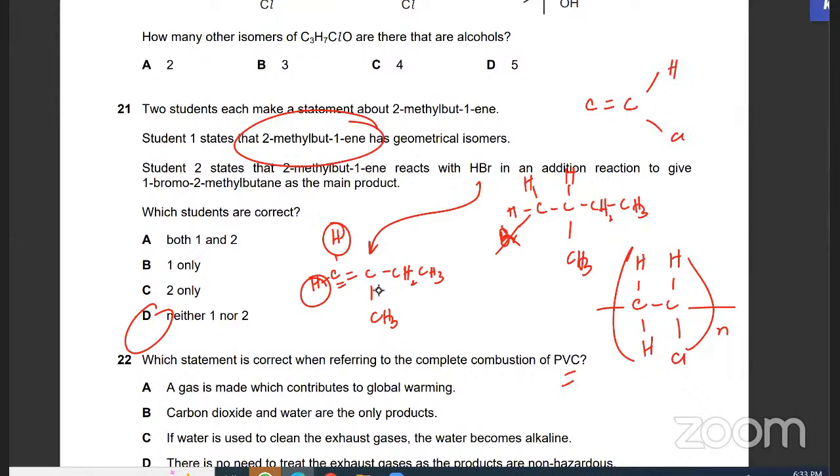Is that clear? So this is your cis version. Over here, it won't form geometric isomers, because the carbon is bonded to the same type of groups. So in this case, it doesn't really matter whether you switch them or not.